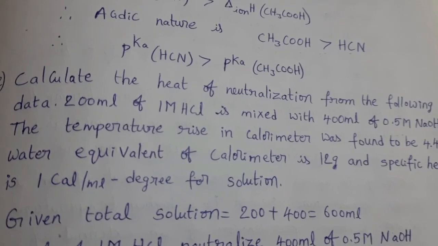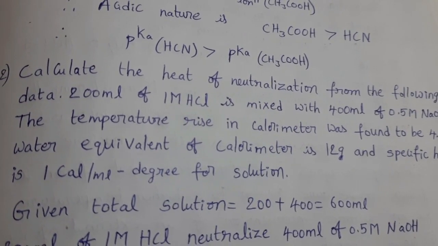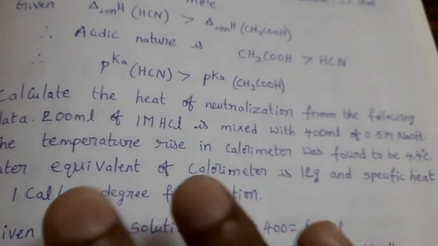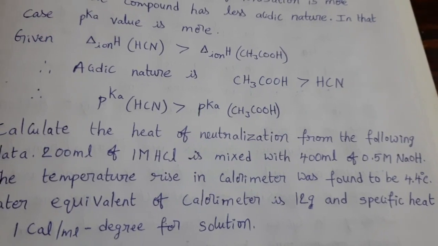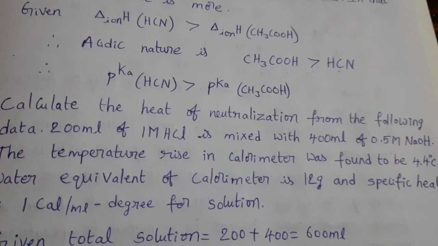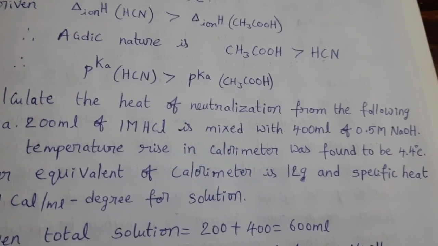Calculate the heat of neutralization from the following data. 200 ml of 1 molar HCl is mixed with 400 ml of 0.5 molar NaOH. The temperature rise in calorimeter was found to be 4.4 degrees Celsius.